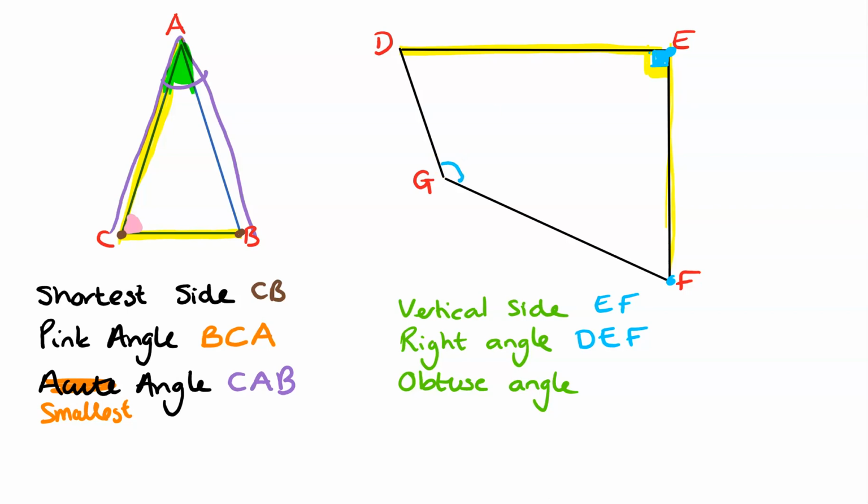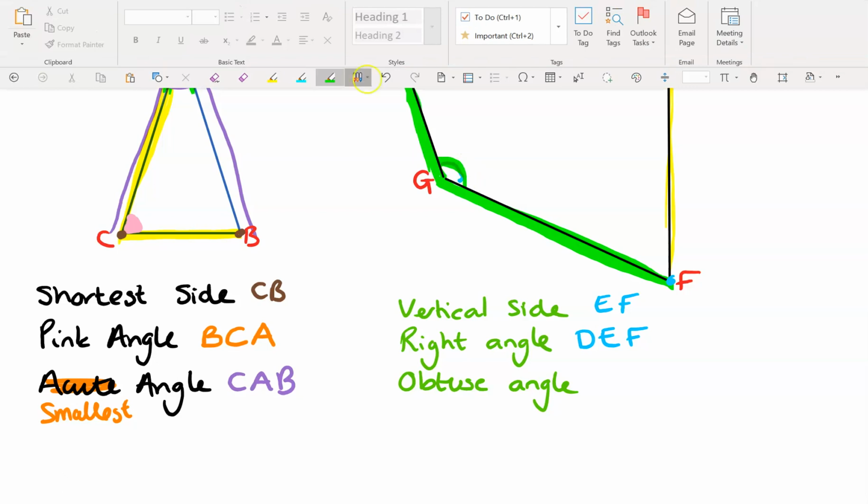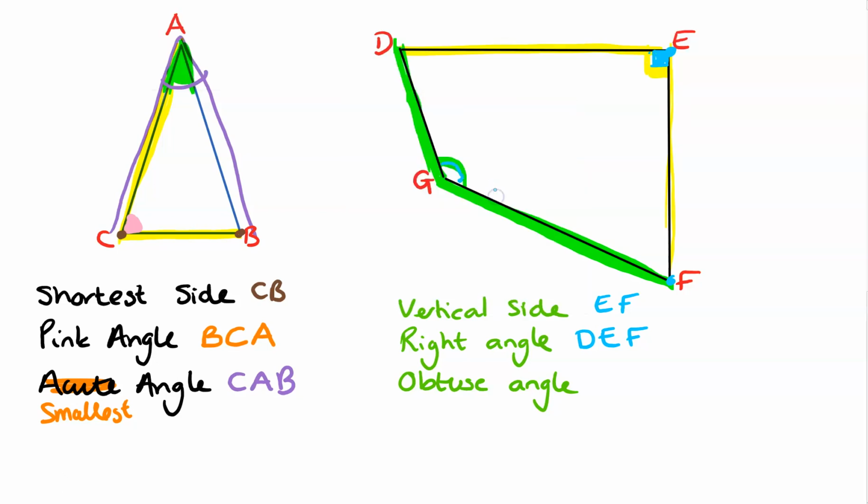So in order to draw that angle, I would have to join up D, G and F. Or F, G, D, it does not matter. And then we would know it's this bit in the corner here. So to answer that question, what 3 points am I joining up? I'm joining up F, G and D.